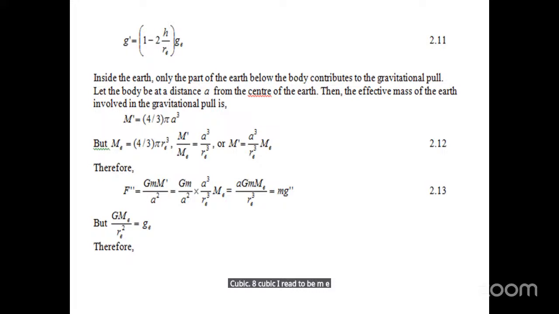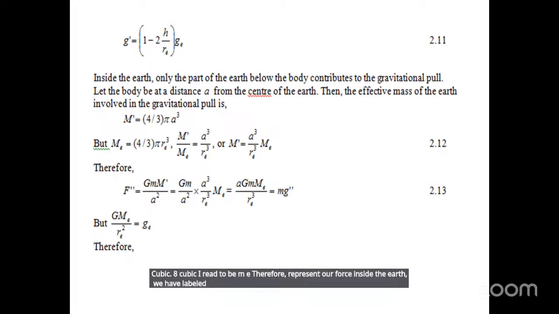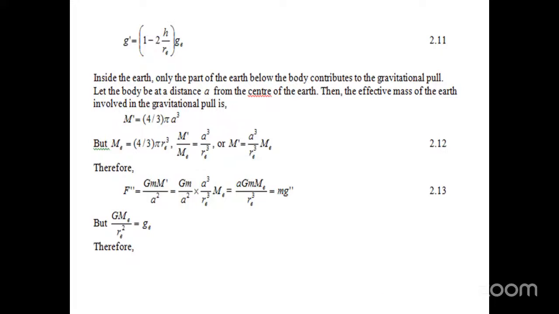Therefore, gravitational force inside the Earth, which we have labeled F double prime, will be equal to G m m prime over a squared. You know, a is that distance of that body from the center of the Earth. This will be equal to G m over a squared multiplied by, instead of m prime, we write a cubed over Re cubed Me, as we have seen in equation 2.12.